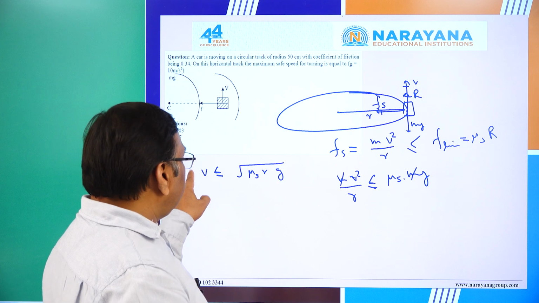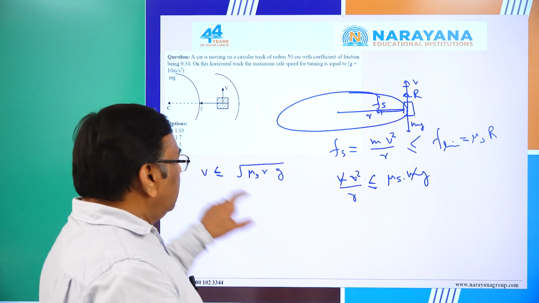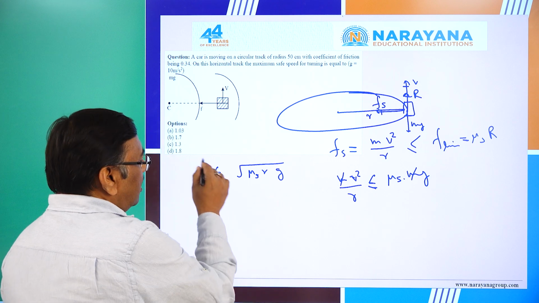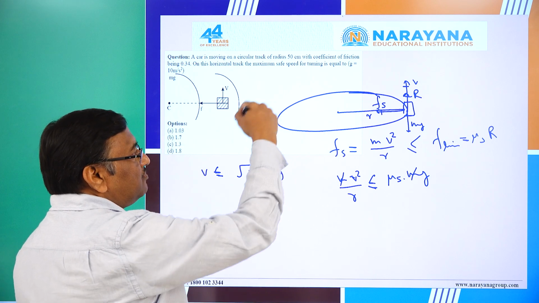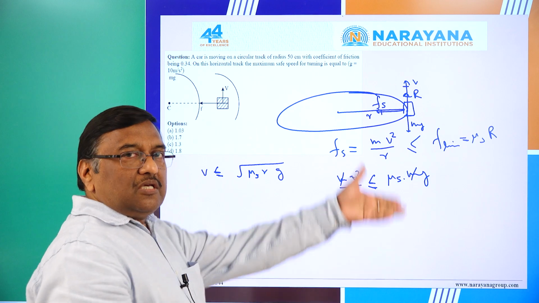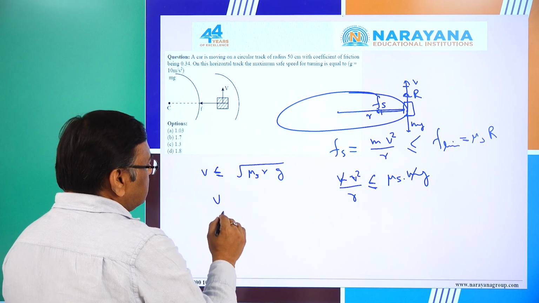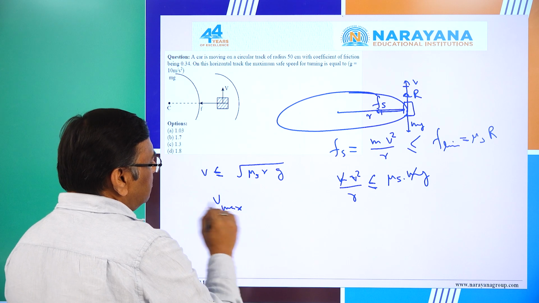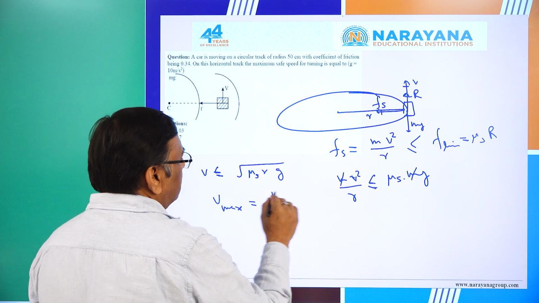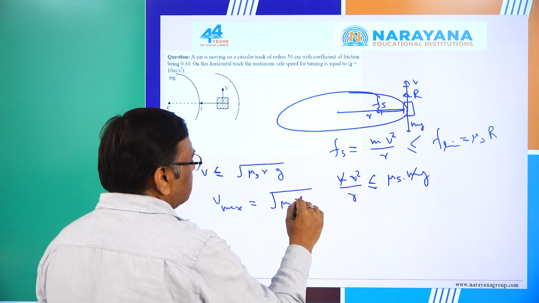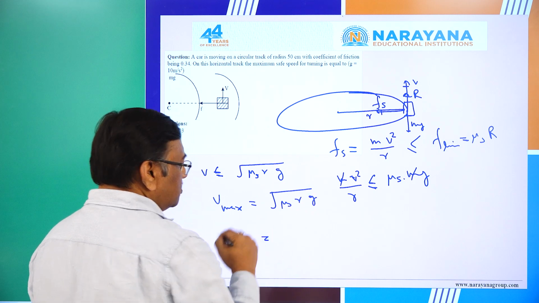As v is less than or equal to this value, all these values of v are going to be the safe velocity which will provide you a circular turn on the surface. So the maximum velocity should be equal to under root of mu s r into g. That should be the value.